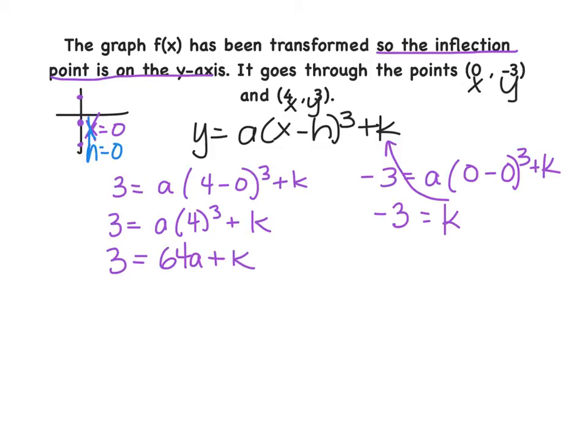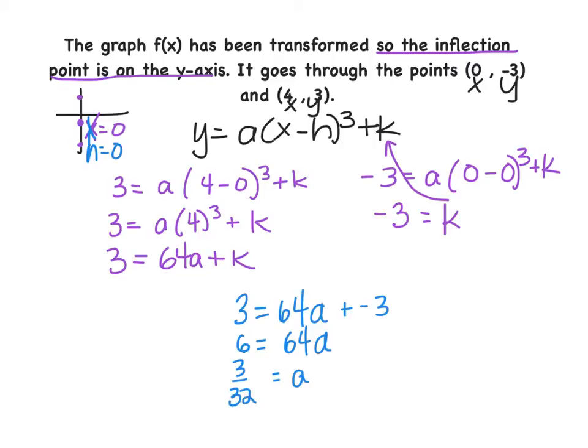Now I'm just going to solve for a, and remember, all I need to do is take this k and plug it in here to that k. So I'm going to get 3 equals 64a plus k. I'm going to add 3, and I'm going to divide by 64. When I divide by 64, I'm going to get 3 over 32.